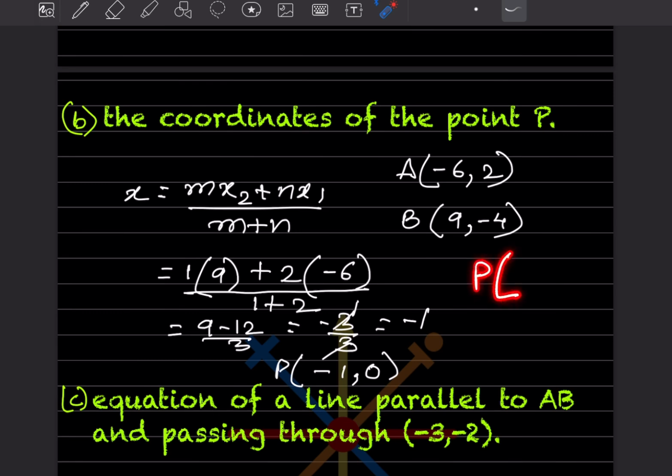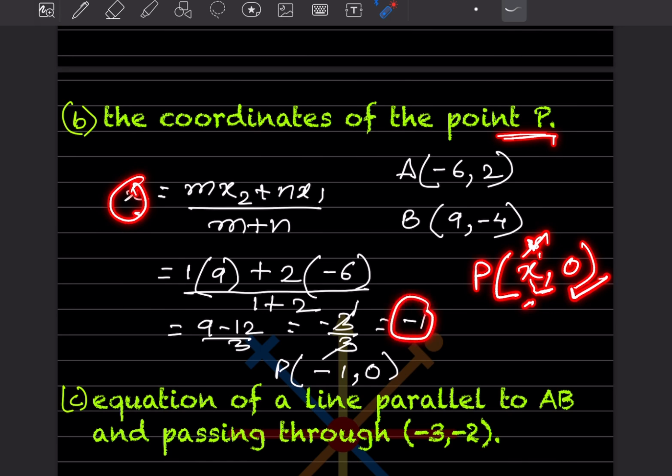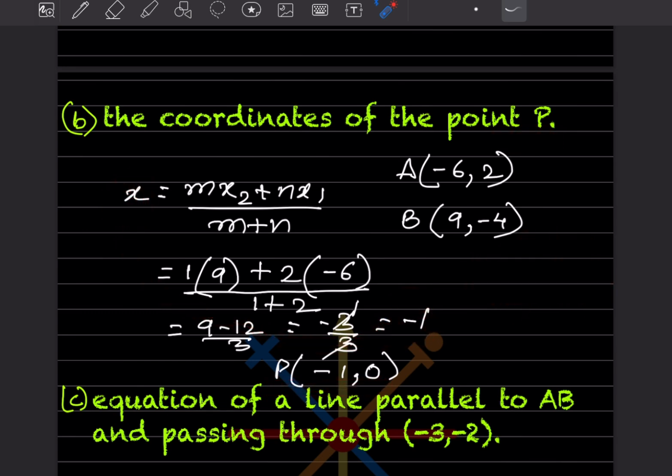So we had P (x, 0). Why did we take x here? Now you must have got it, because we knew this was 0, so we wanted the value of this x, because they are asking for the point P. So we got P as minus 1 and 0. So these are the coordinates of point P.